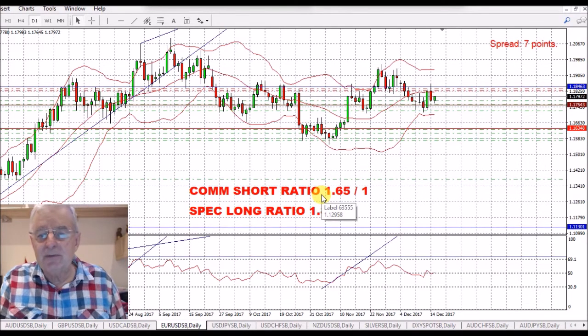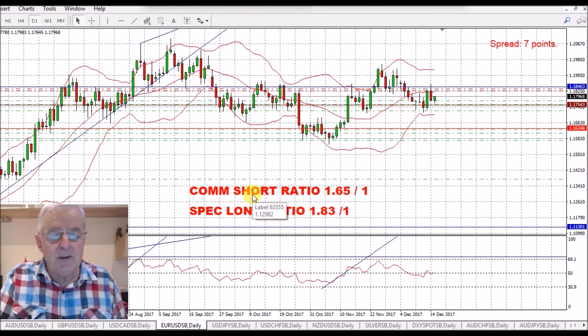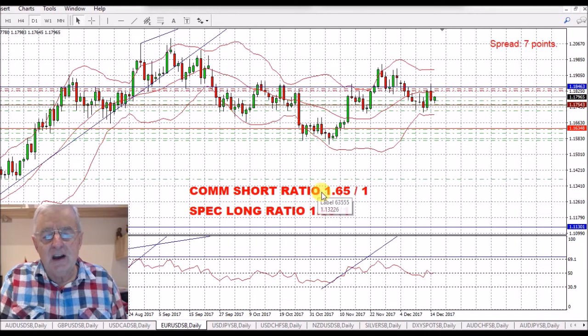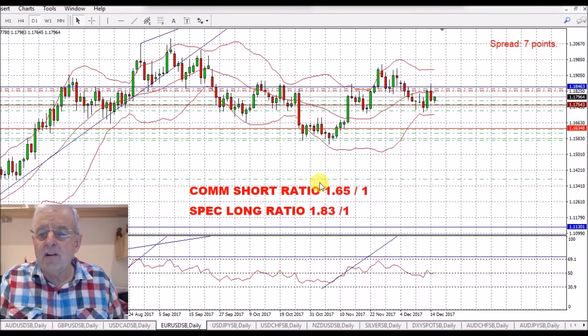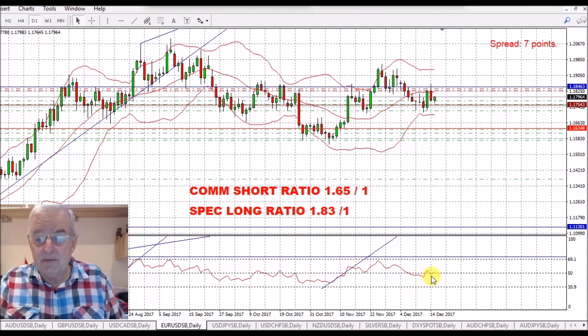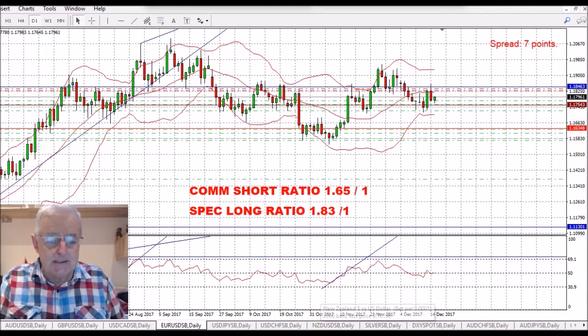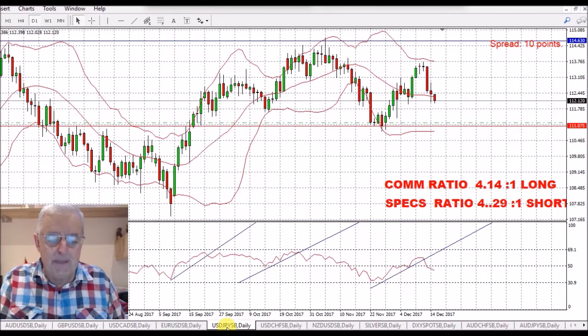We're actually just above the 50 on the RSI. We've got a commercial short position of 1.65 to 1, which is a 5-year extreme, I believe. You know, we are very bearish of this pair. As I said, we're just above the 50 on the RSI, so we'll see where that one goes.